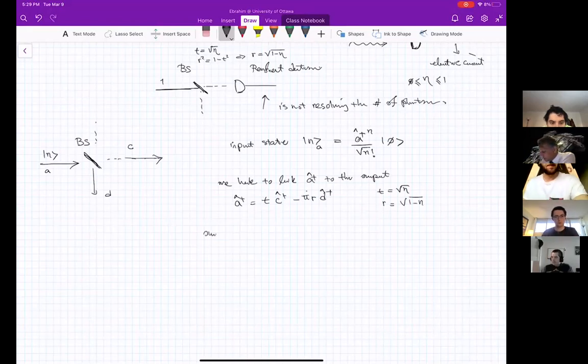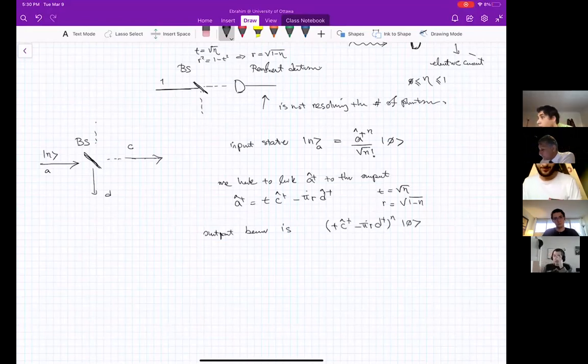Then the output beam is T C dagger minus IR D dagger to the power of n acting on 0, divided by square root of n factorial.